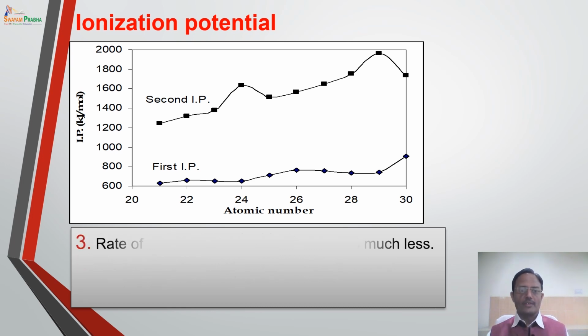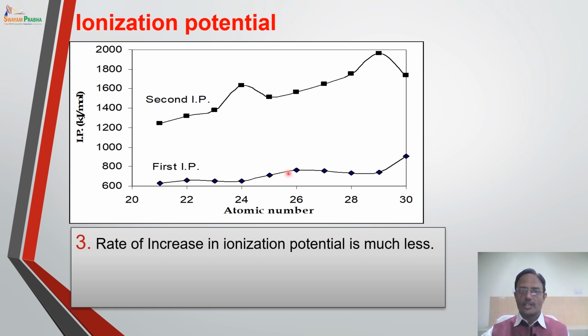Third important observation is the rate of increase of ionization potential. You will find that the ionization potential is increasing here, but the rate of increase is much less. Let us compare this with the S block elements.